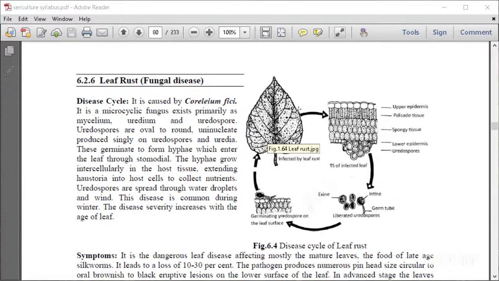The pathogen produces numerous pin shaped, pinhead size, circular to oval, brownish to pink black eruptive lesions on the lower surface of the leaf.